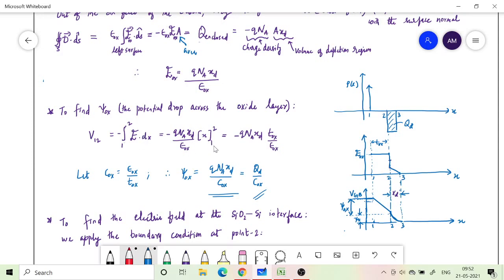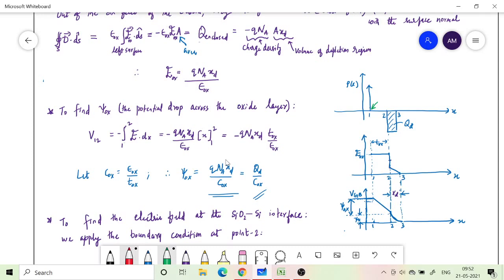So you put in the limits, and how do we take the origin? For this integration, we are starting from point 1 and proceeding to the right side. So we are taking the origin right now at this point. For finding the voltage between 1 and 2, we are taking point 1 as the origin initially.